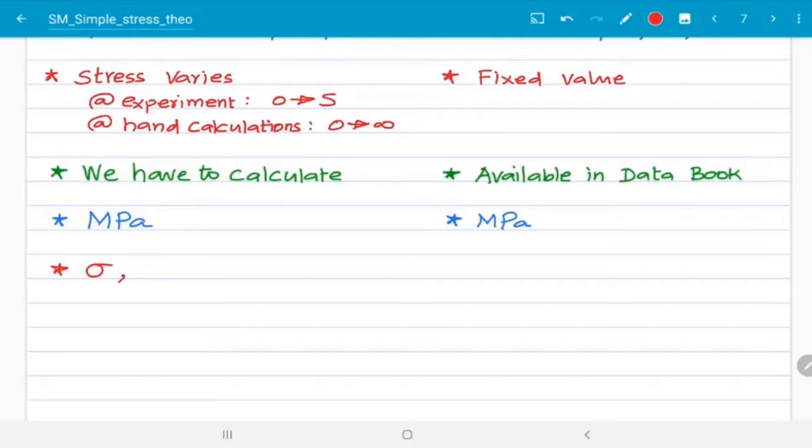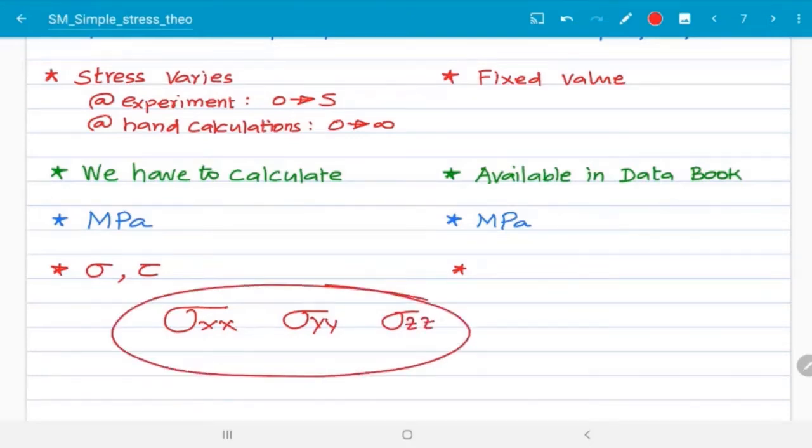Sigma is generally used for normal stress. Tau is generally used for shear stress. Already I told you, suffix is very, very important. If the two suffixes are the same, sigma XX or sigma YY or sigma ZZ, these are all normal stress components.